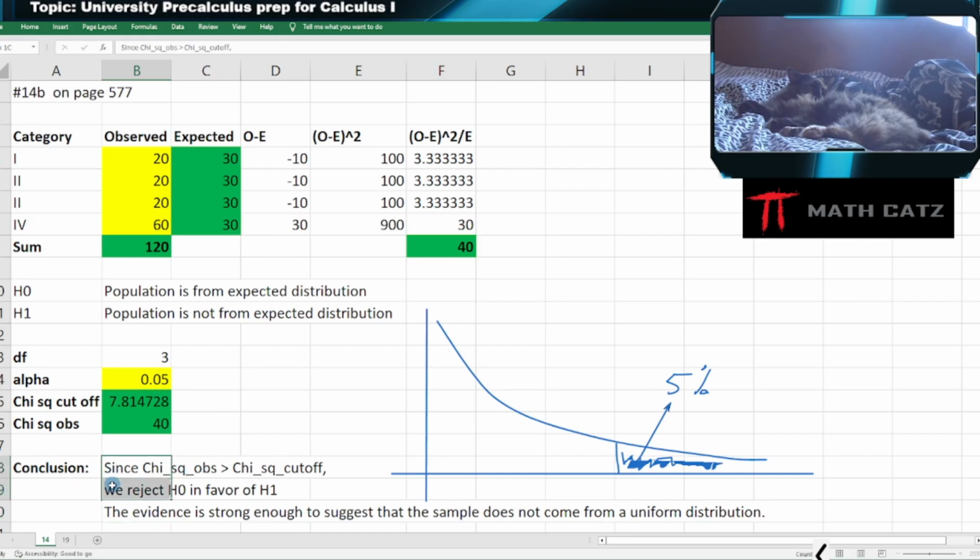It's nice to have both of these versions of my conclusion. All right, that is an example of the chi-squared goodness of fit test. In this section, however, we have two of them. We also have a test for independence.